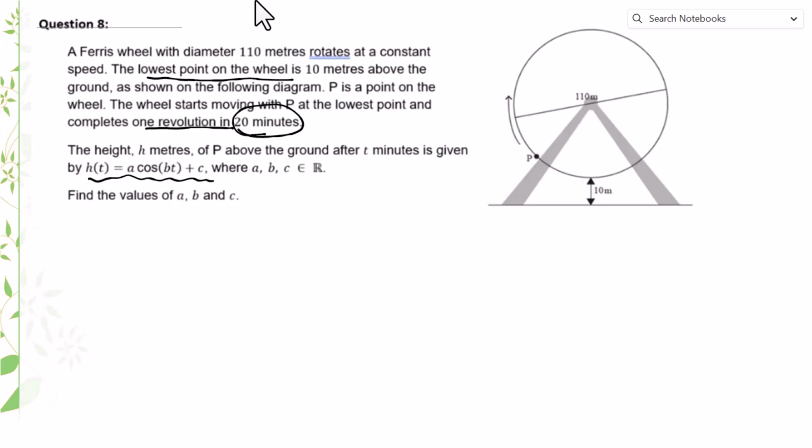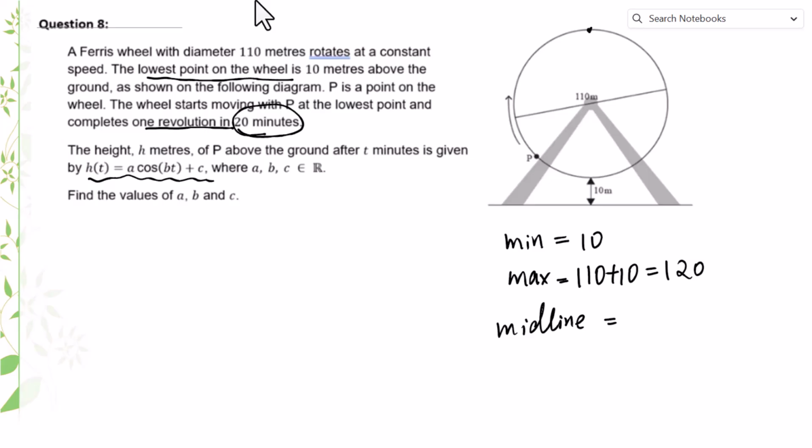From this given information, we know the minimum height is 10. Maximum height is 110 plus 10 equals 120.